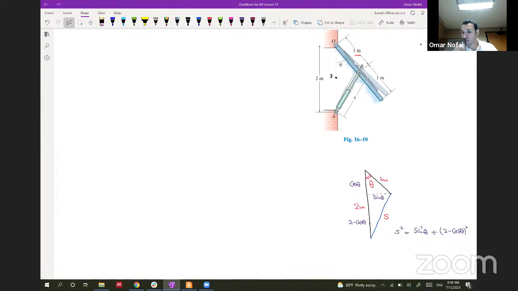And there's another way to do it using the cosine rule. For the cosine rule, s squared will be equal to the other two sides squared, so it will be 2 squared plus 1 squared minus 2 multiplied by the two sides, 1 and 2, multiplied by cosine of the angle between them, cosine theta.